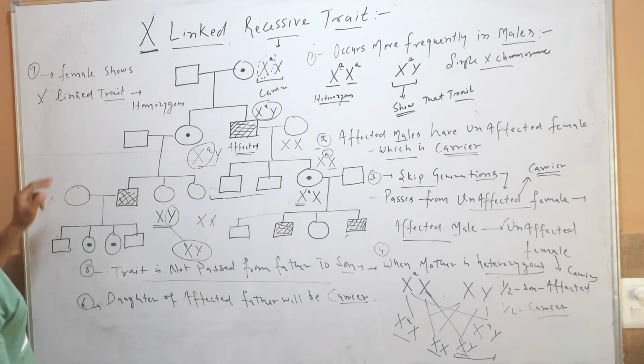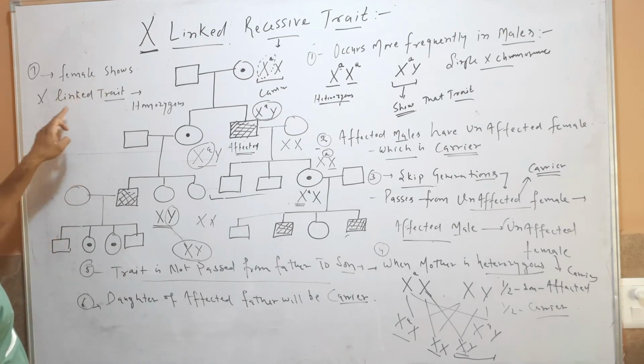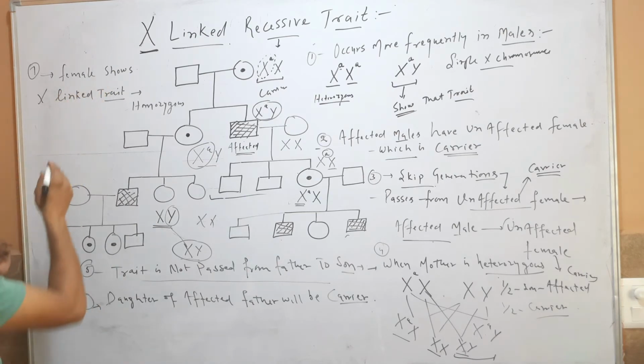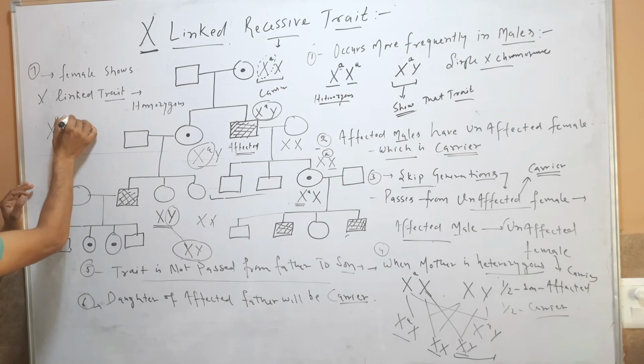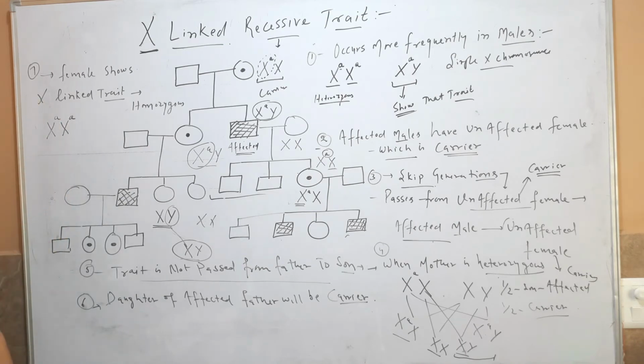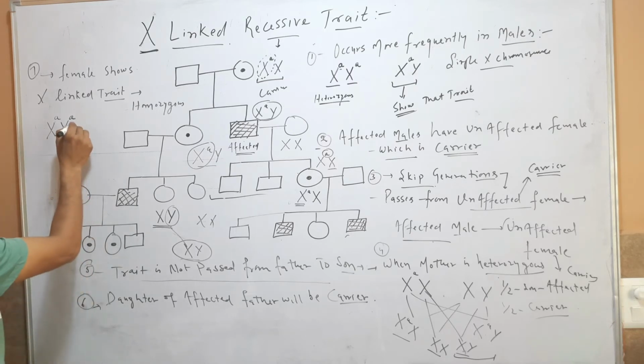And the last one is when a female shows the X-linked trait. A female will show the X-linked trait when she is homozygous for that trait, meaning the genes present on both chromosomes are mutated. Then she will show that trait.